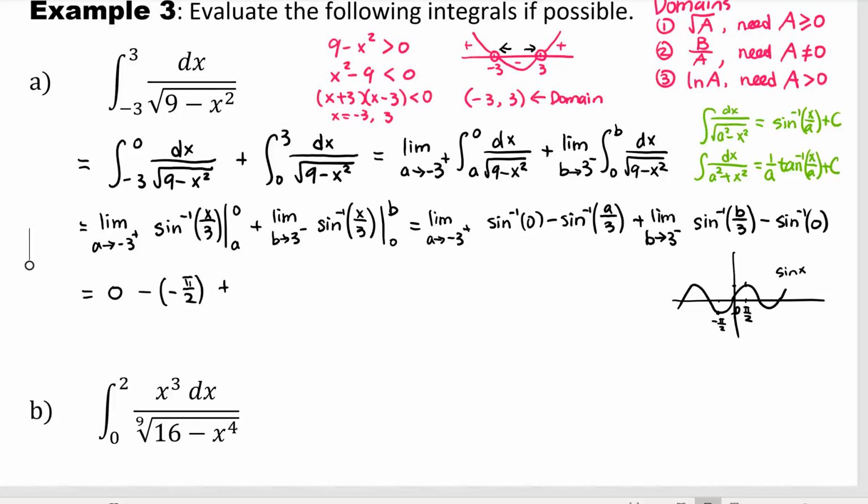So when the y value of sine x is 1, what is the corresponding x value? That is pi over 2. And then arc sine of 0, if the y value is 0, what is the x value? That's also 0. So that's why we get pi over 2 plus pi over 2, that is pi. So pi is the answer of this problem.